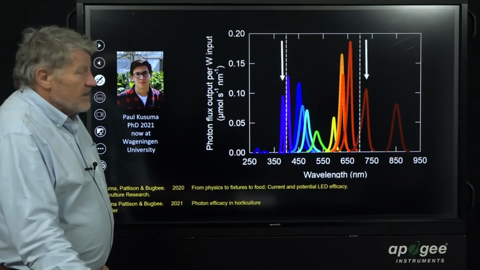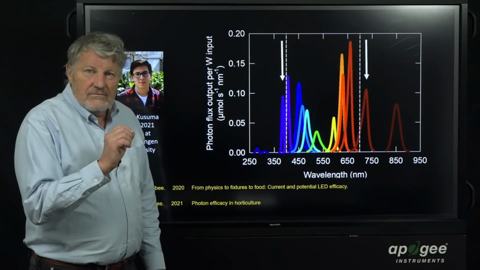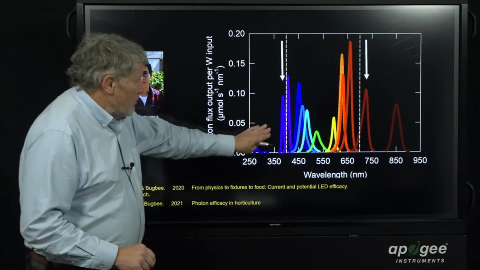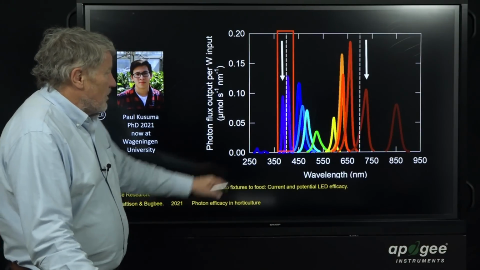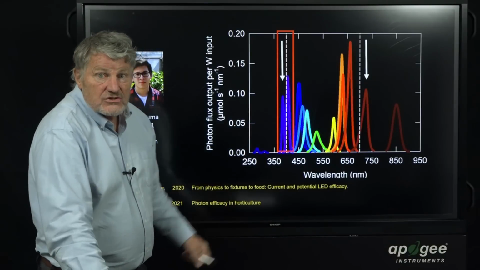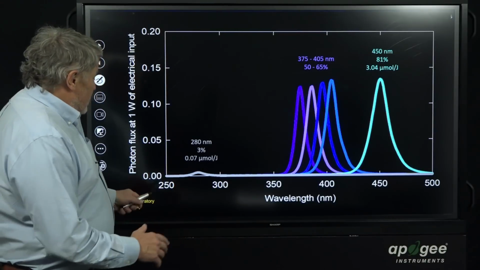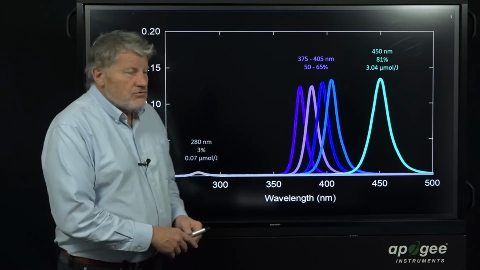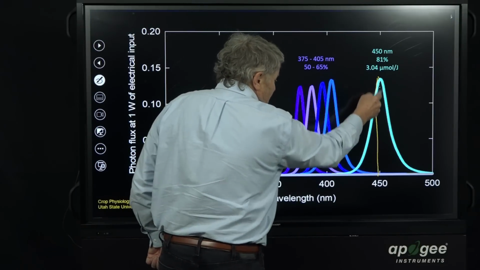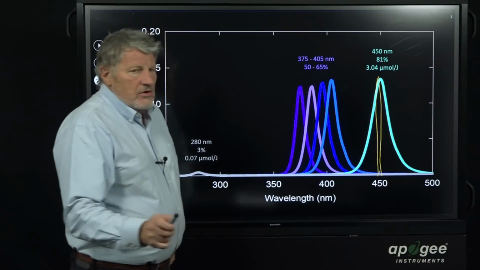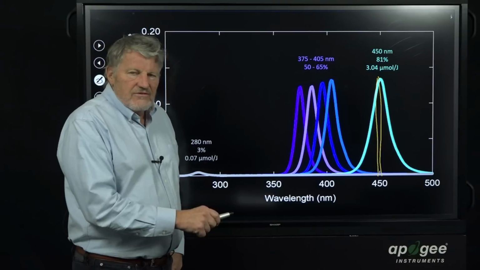So let's take a look at what we know about, first, the short wavelengths here, the efficacy. There's the part we're going to zoom in now on the next graph. Now we got 250 to 500, and here's our classic blue LED that's very widely used. This is a very efficient LED.